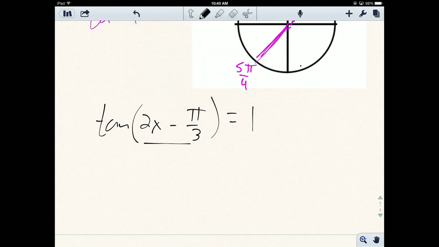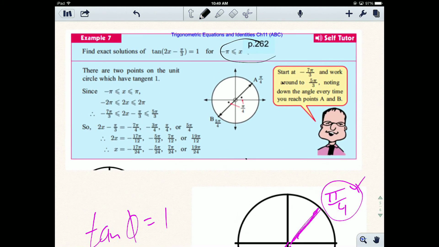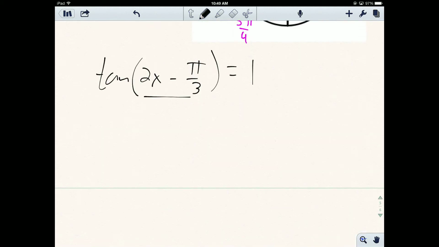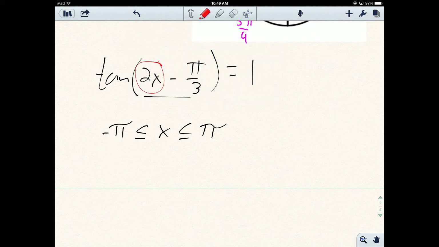let's do this. I know that we were going to go from negative pi to pi. I want to find my minimum and maximum value that I have to start looking in. So first of all, I know that I'm going to double whatever this is, so our maxima are going to double as well.